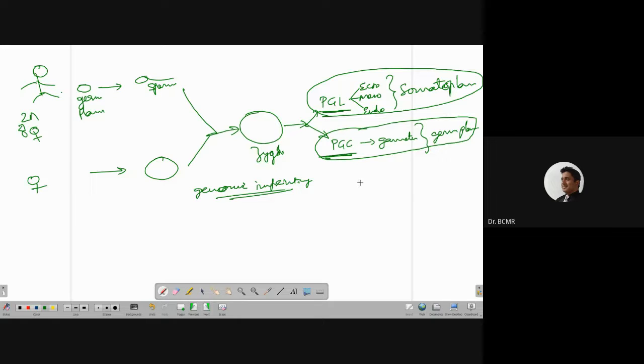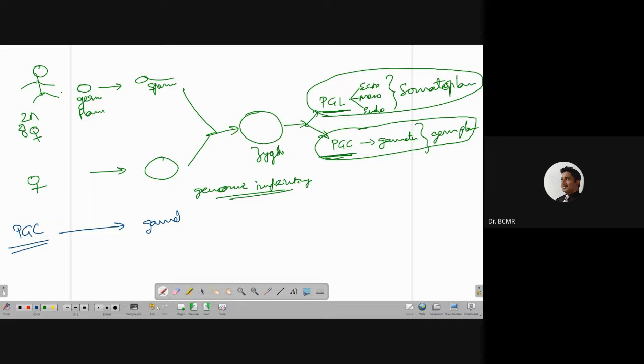So what happens during these primordial germ layers is, when an individual is forming, or the germ plasm in the beginning stages when it is forming, the germ plasm is coming from primordial germ cells, and that will give rise to gametes.